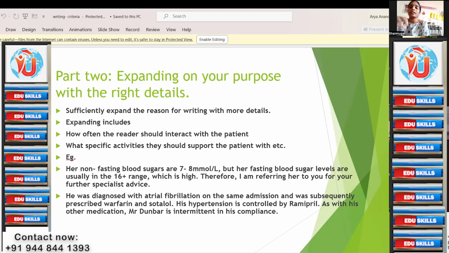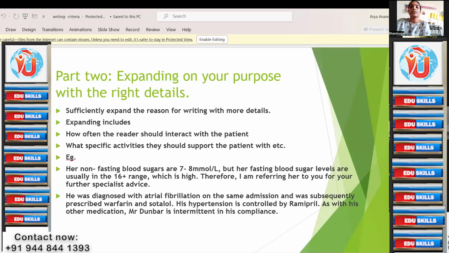This is the information the reader needs to understand the situation. Expanding includes how often the reader should interact with the patient, how often they need to go and see the patient, or what specific activities the reader should do for the patient. This is how we expand into detail about the patient's condition, expanding your purpose with the right details.